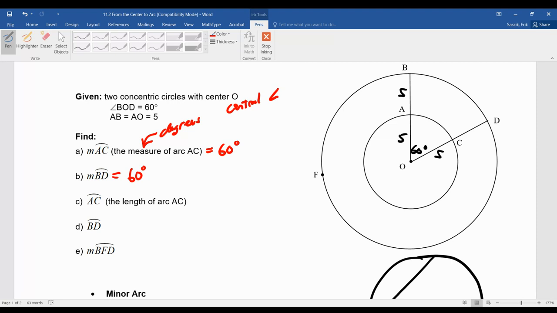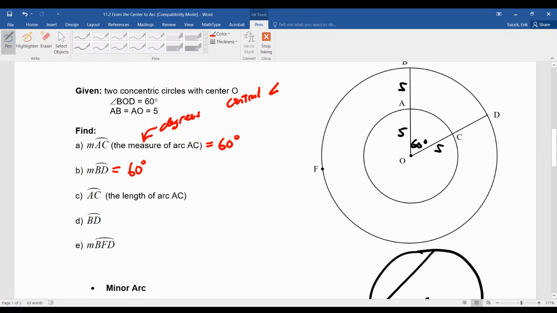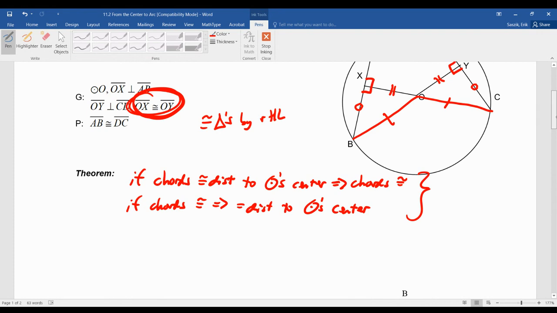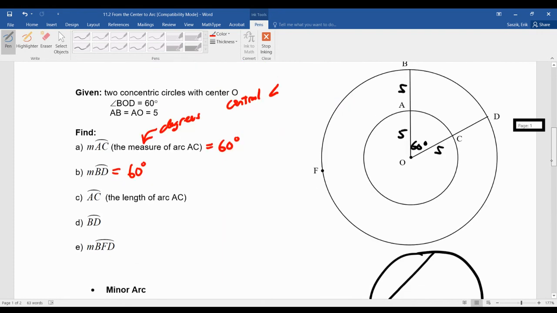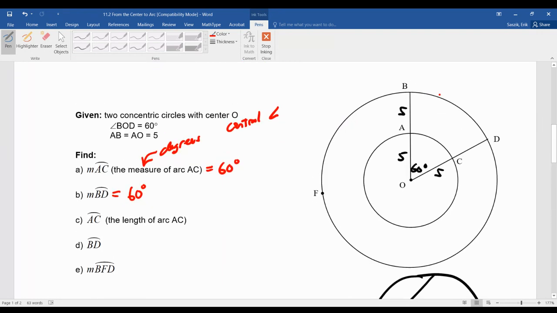Now, notice how questions C and D are also relating to the same arcs that we did in A and B, but there's no little m in front. Here, we're talking about the length. The length is different than the measure. Measure is degrees, length is the actual distance. And clearly this arc BD is longer than arc AC.